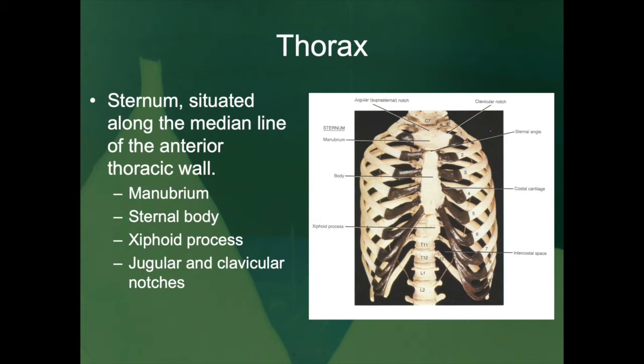The xiphoid process has no rib attachments to it in a sense, but it provides attachments for some of the abdominal muscles. The xiphoid process consists of really hyaline cartilage during infancy and childhood, and it does not really ossify completely until you reach 40 years of age for the average human.